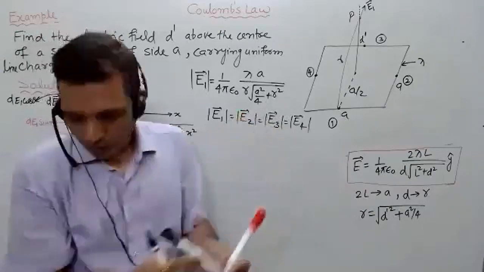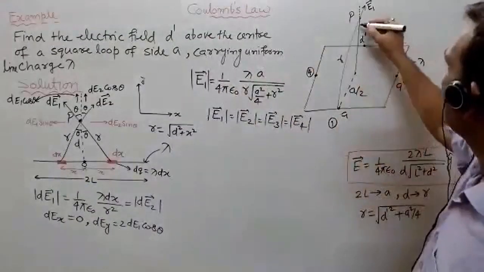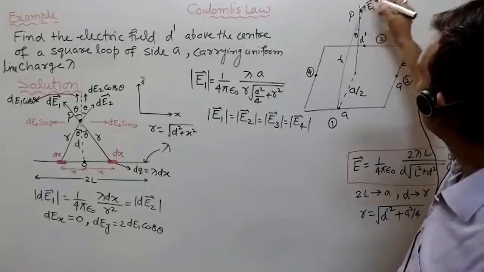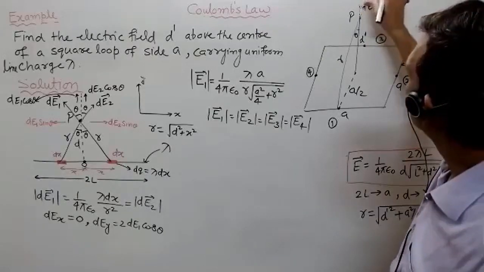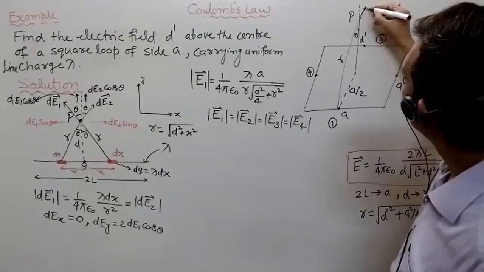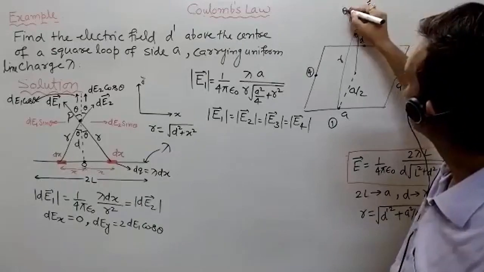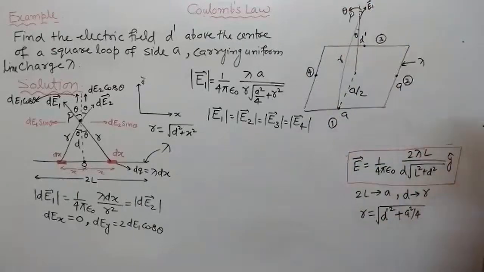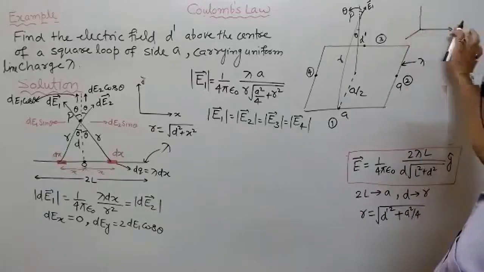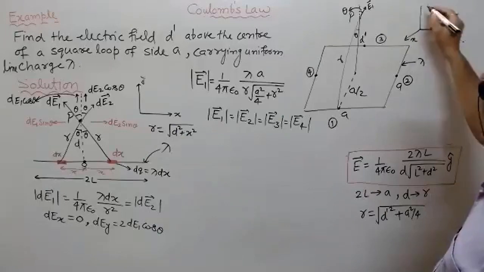Now you can see, assume this angle is theta. So this angle is also theta. Write down this angle is also theta. This is E1, so this angle is also theta. If you assume this loop is in the XY plane, take it as the XYZ plane.